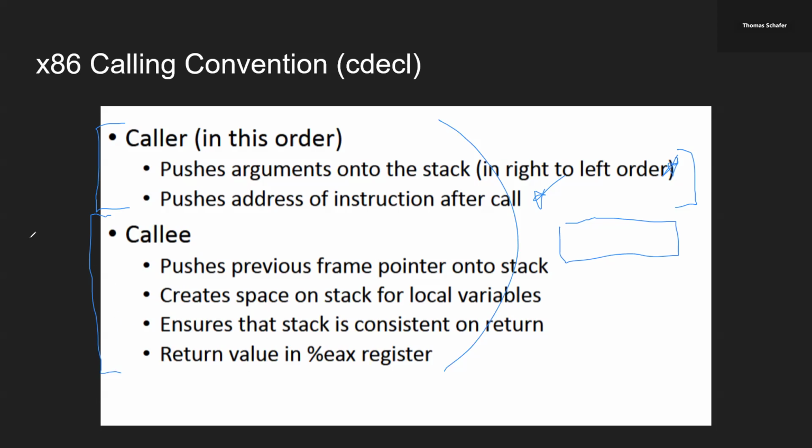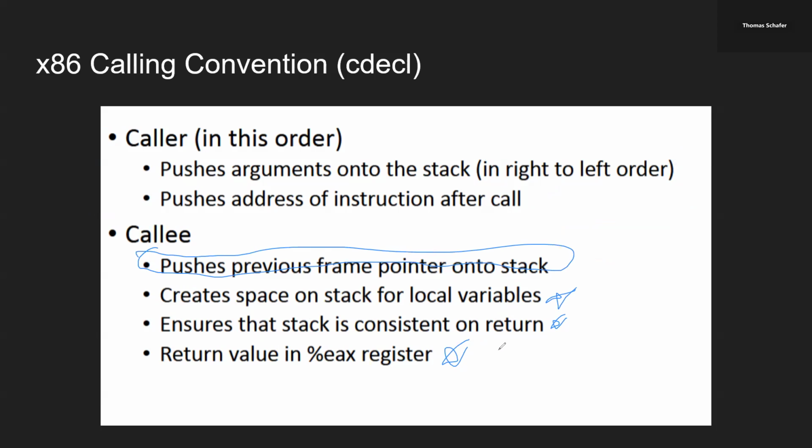But yeah, so the callee needs to put the return. This is stuff that the callee needs to do. This it needs to do, but either of them could do this. So in this example, the callee is just doing it. And this basically is saying what things look like for the callee right after the call is made.